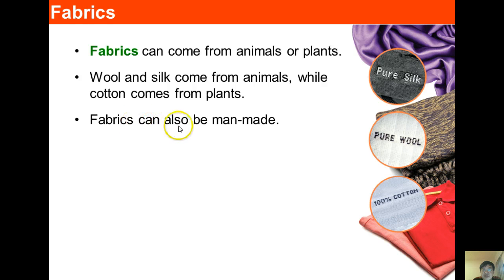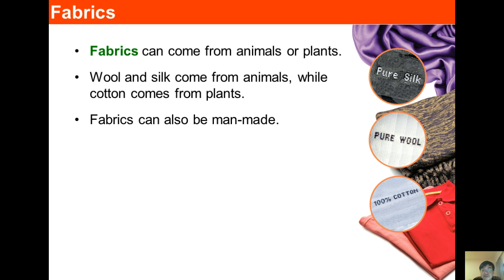Now fabrics can also be man-made. It means, for example, we can mix cotton with nylon. Nylon means some sort of plastic string, like the fishing line. They join them together, and the material can be very hard.